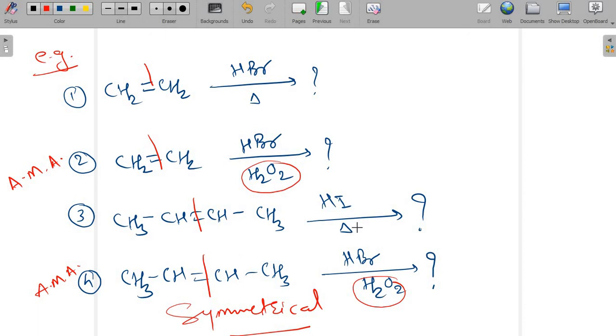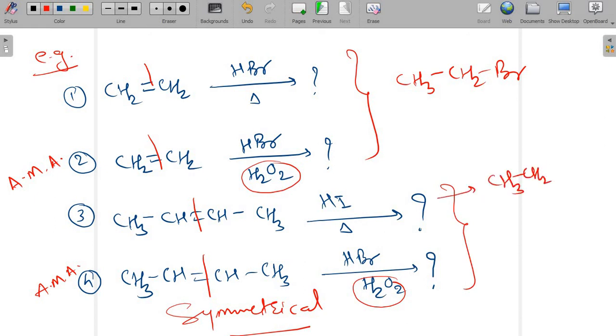So the products by Markovnikov's addition and by anti-Markovnikov's addition are the same. For the first two, the product is CH3CH2Br, and for the others, it is CH3CH2CHICH3, and the fourth product is CH3CH2CHBrCH3. So these are the products formed with symmetrical alkenes.